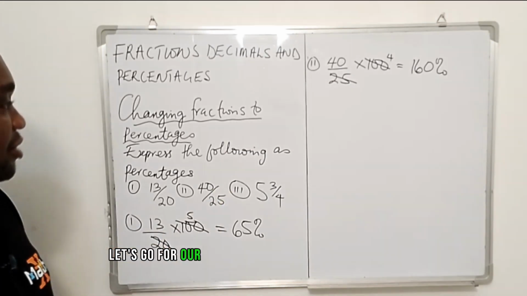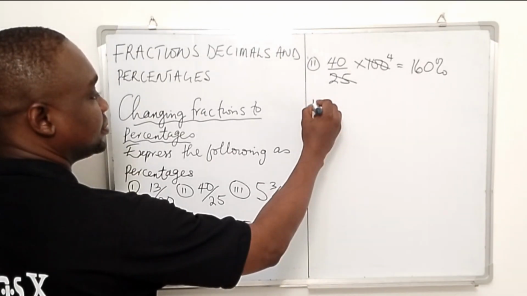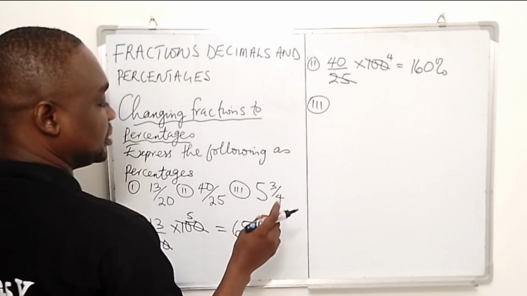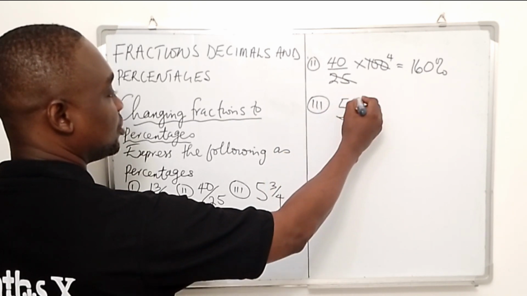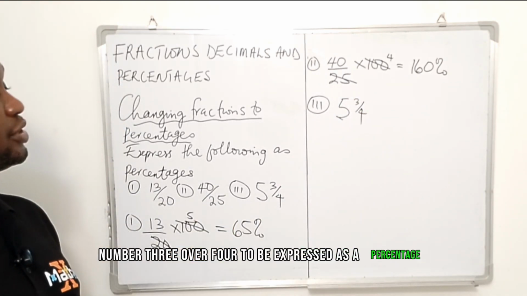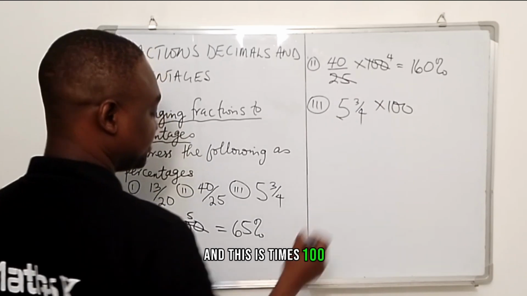Let's go for our third example. For our third example, we have 5 whole number 3 over 4 to be expressed as a percentage, and this is times 100.